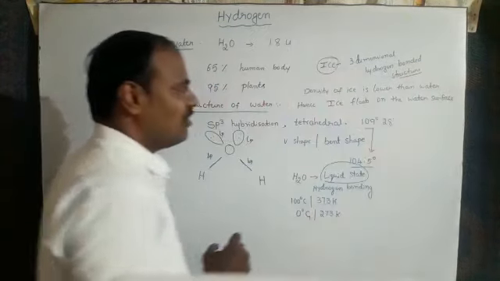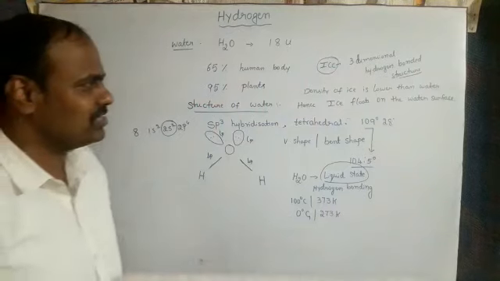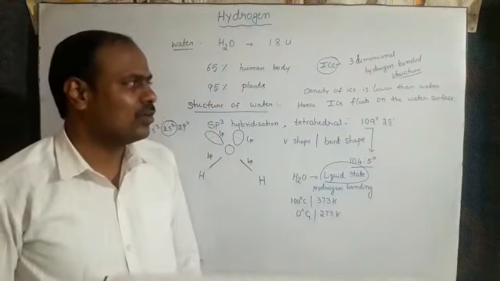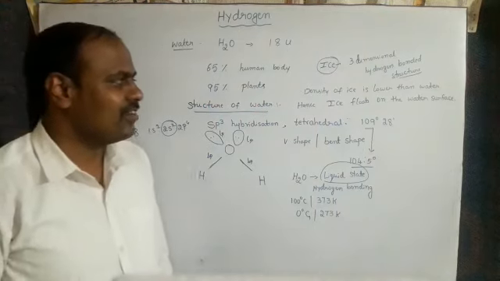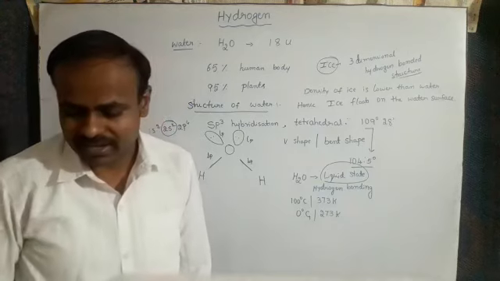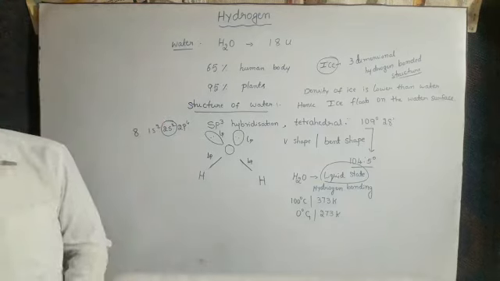The crystalline form of water is ice. Ice is a three-dimensional orderly hydrogen bonded structure, and the density of ice is lower than water. Hence ice floats on the water surface.